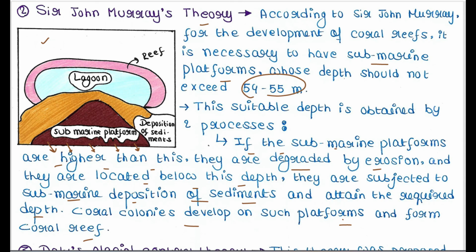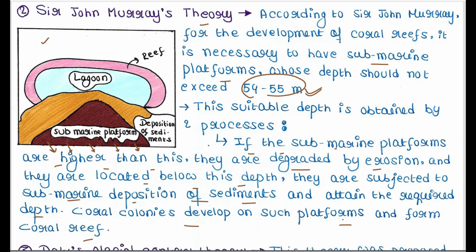It is mandatory and it should have a particular depth of 54 to 55 meters. Okay. If it is higher than this, it should first be degraded by erosion and attain the required depth. And if it is lower than this, sediments should be deposited over it to increase its height. So in any case, the depth should be between 54 and 55 meters.